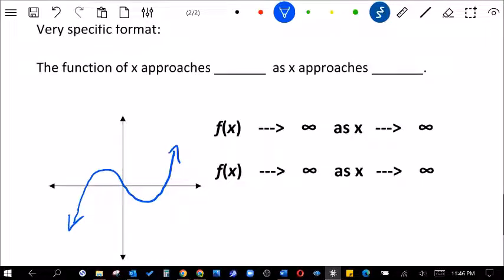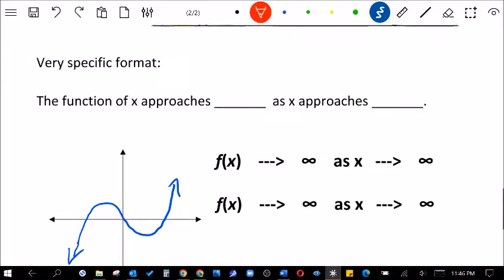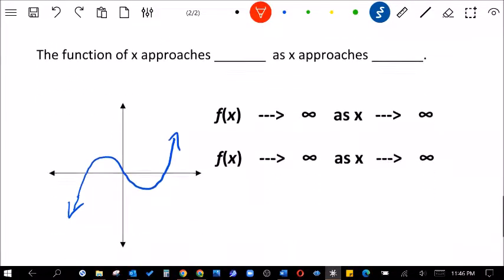So what this is talking about is what happens when we go on the x-axis. As it moves along the x-axis towards negative infinity, what is happening? And the other way, as we move towards positive infinity, what's happening?